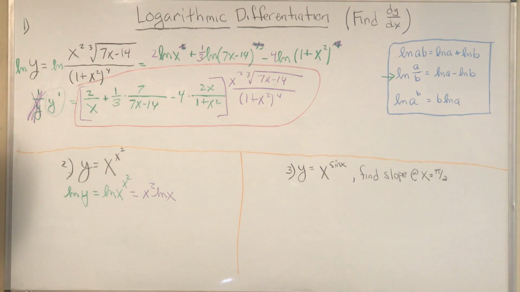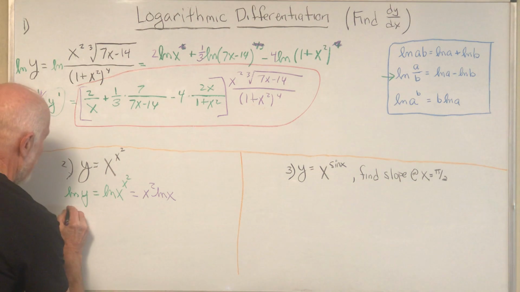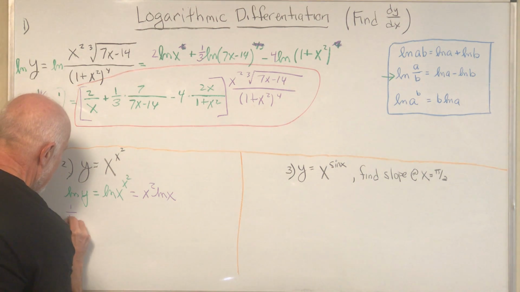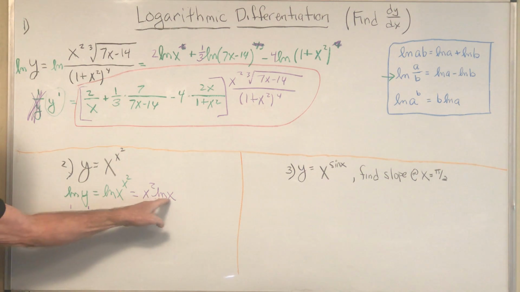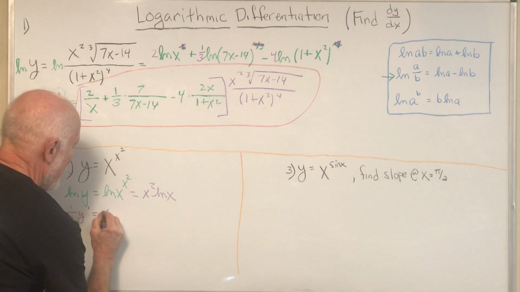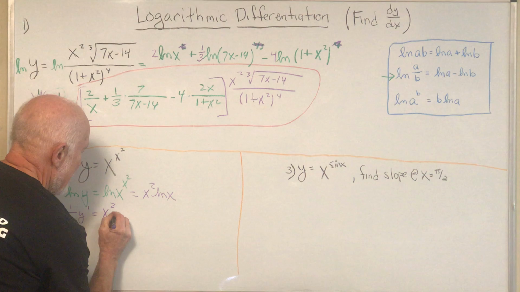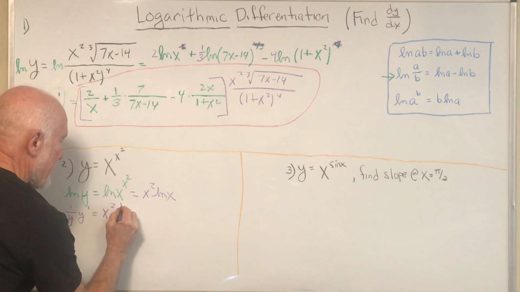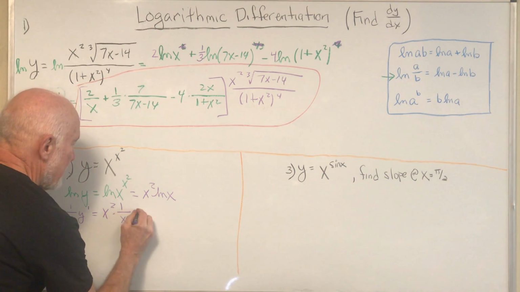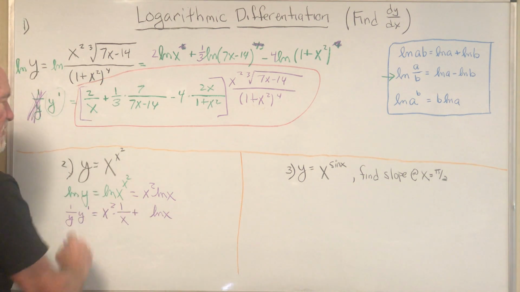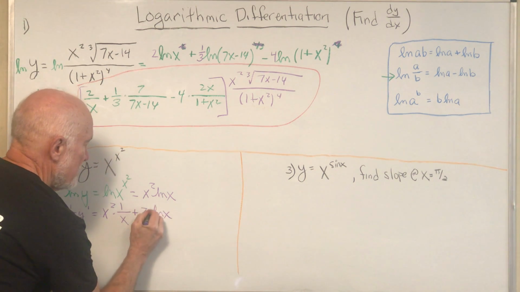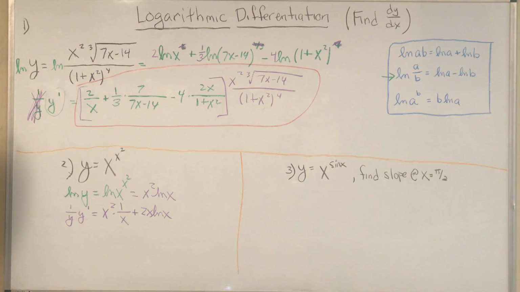And now, implicitly, I can take the derivative, just like I did up here. I get 1 over y prime, and now I've got to do the product rule. So I go the first times the derivative of the natural log of x plus the natural log of x times the derivative of x squared, which is 2x.